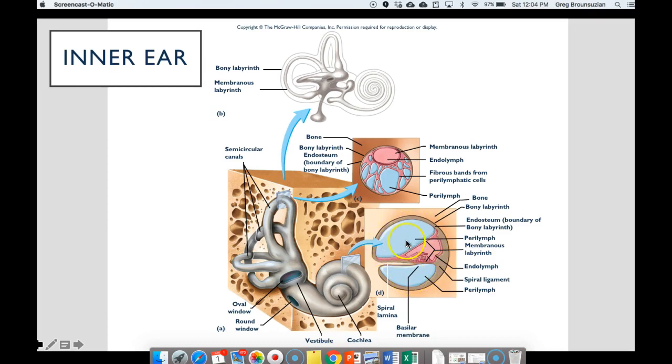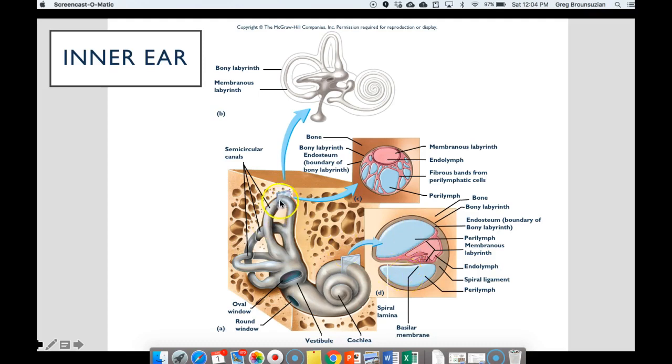So the top region and the bottom region, these have specific names that we'll get into in a moment. But in blue, we can see is represented with perilymph, whereas the middle region that we discussed being the membranous labyrinth, known as the cochlear duct, is filled with endolymph. So endolymph is represented by the pink fluid here, perilymph is represented by the blue.